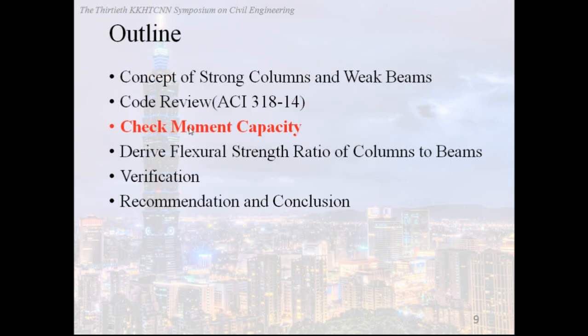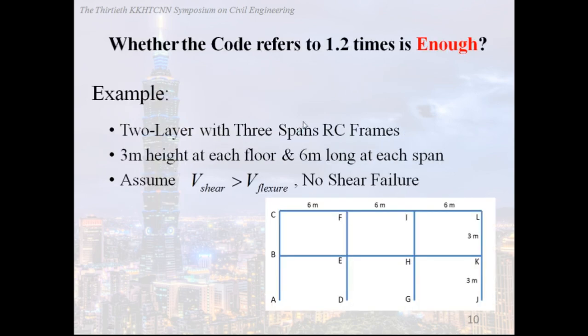Thirdly, check moment capacity. We will verify whether the specification is conservative. So we ask this question, whether the code's 1.2 times is enough. In the previous ETABS example, we know that the 1.2 times is not enough.